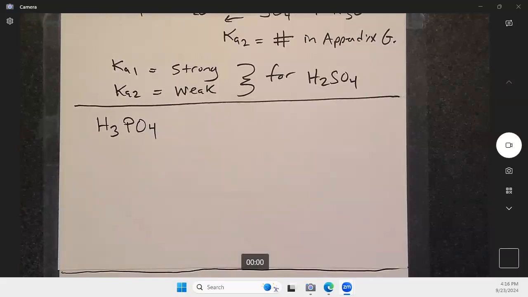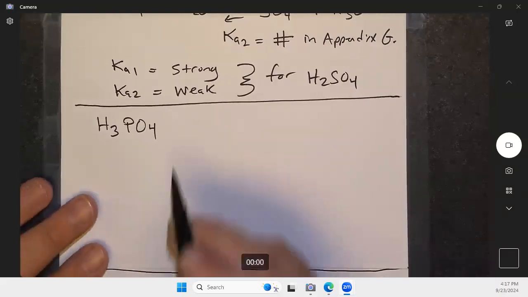So if you see a polyprotic acid, a diprotic that's not sulfuric, or triprotic, or tetraprotic, or pentaprotic, or hexaprotic, you know almost immediately that it's not one of those strong acids, right? I'm just making you aware of that if you haven't caught that. So H3PO4 is a weak acid.